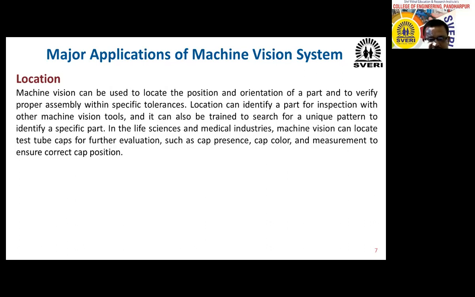In the life sciences and medical industries, machine vision can locate test tube caps for further evaluation, such as cap presence, cap color, and measurement to ensure correct cap position.